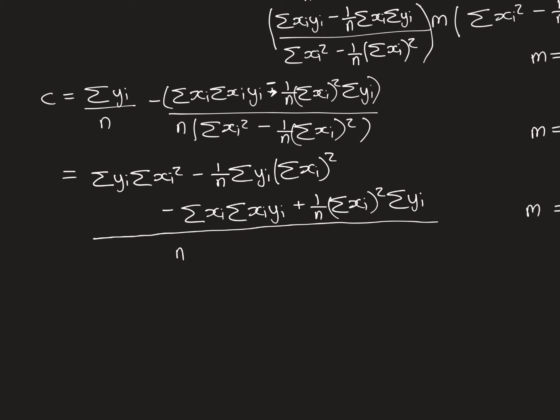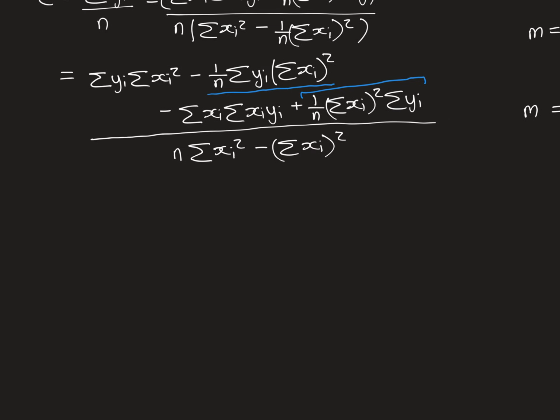And then all of this will be divided by our denominator, which is n times. And let's multiply that n out now. So it'll be n times the sum of xi squared minus sum of xi all squared. And so this is actually going quite well. So this hideous thing here is the same as this hideous thing here, except for a minus sign. So those beautifully cancel with each other.